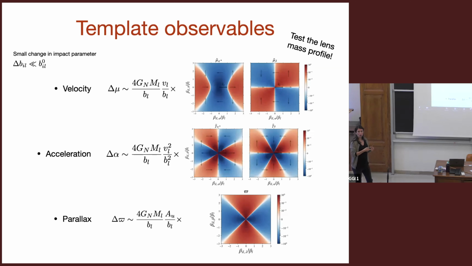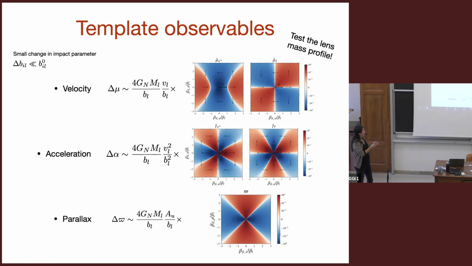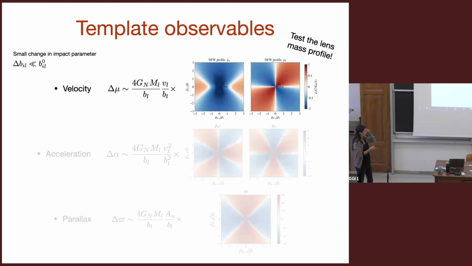So this template would capture order 1 of the signal, but the signal will be maximized, of course, if our matched filter matches the correct lens mass profile. And it varies slightly, for example, if we have an NFW profile or a Gaussian profile of the lens.